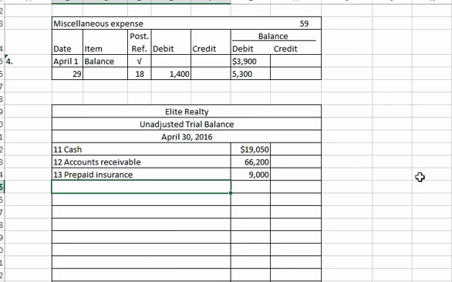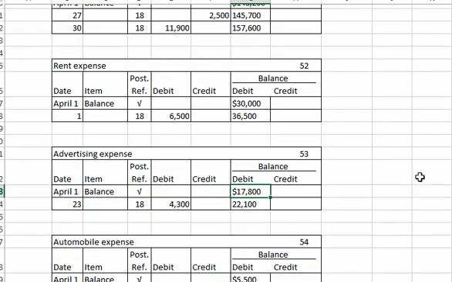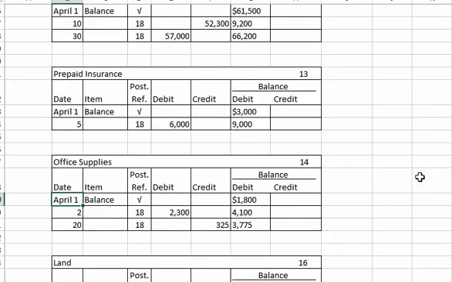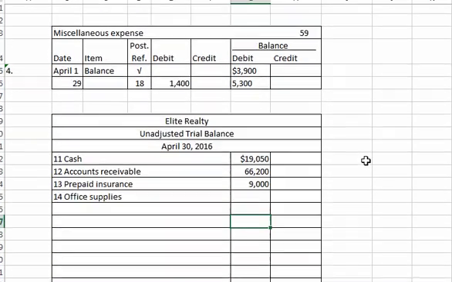Okay, after prepaid insurance, we'll pick up office supplies, which is account number 14. Let's find its balance at the end of April. $3,775 debit.